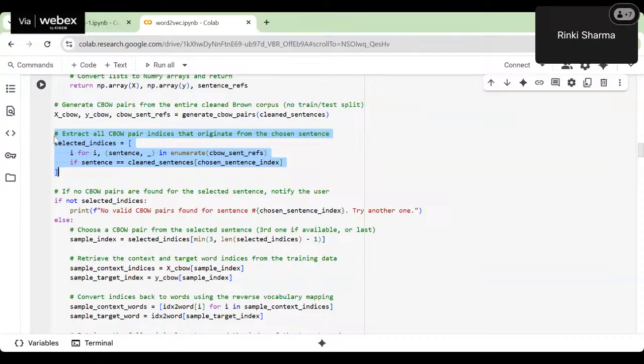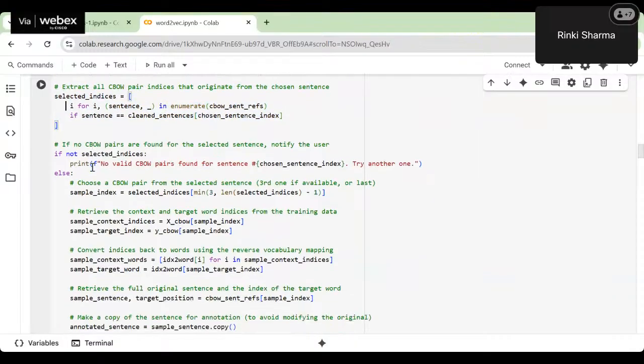In the above command, we generated the context and target pair for all the words in a particular sentence. And here we have generated it for all the sentences.